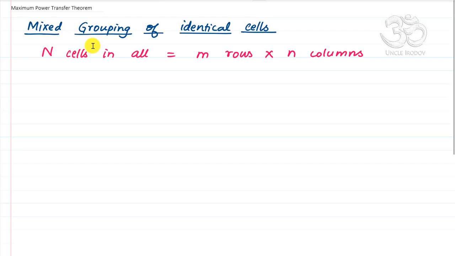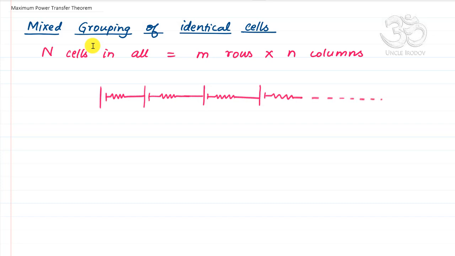Right, so you will have n cells in one row, this, and you have got this, then you have got the second one, this is the second one, then you have got the third one, and you have got the fourth one, and you have got the R also. So like this you have got n cells. So there are n cells in a row, and like this you have m columns.